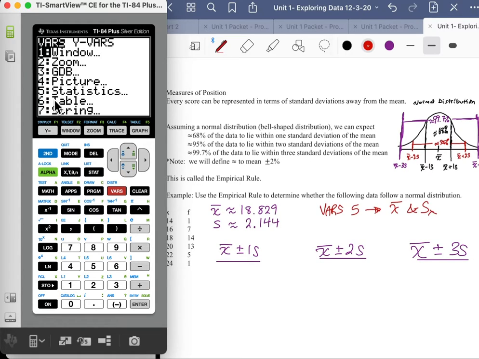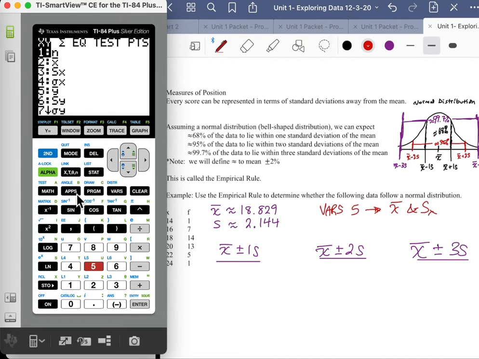After you run StatCalc 1, it will have stored the values of the mean and standard deviation in their purest form in X bar and SX. So it's annoying, but I'll hit option 2 or scroll down to the number 2 and hit enter. I'll type in minus 1 times, then I'll go to vars option 5, scroll down to option 3 or just hit the number 3, it doesn't matter, and hit enter.